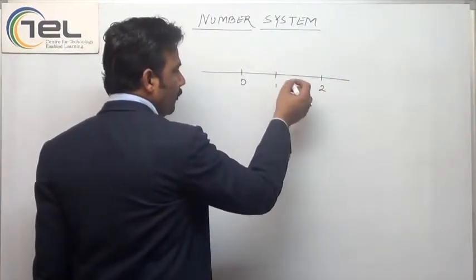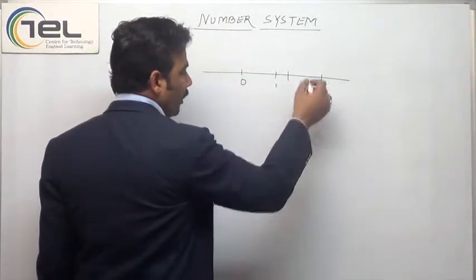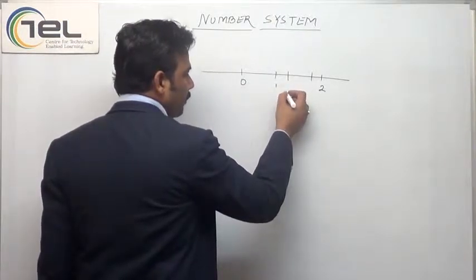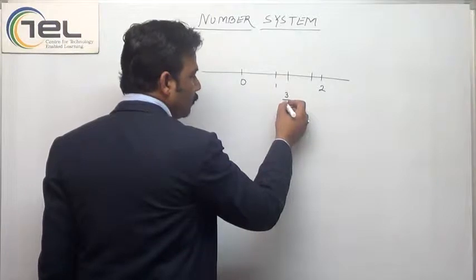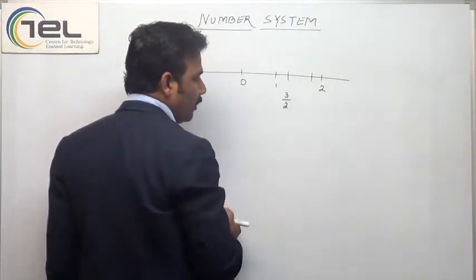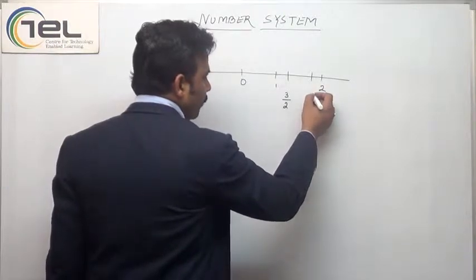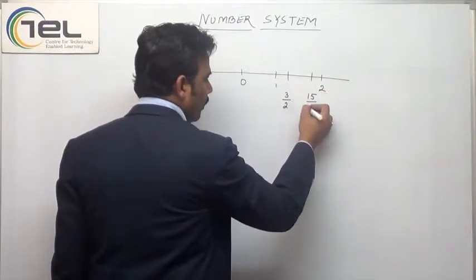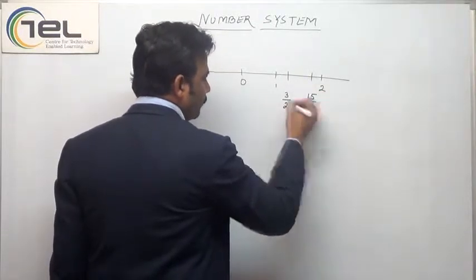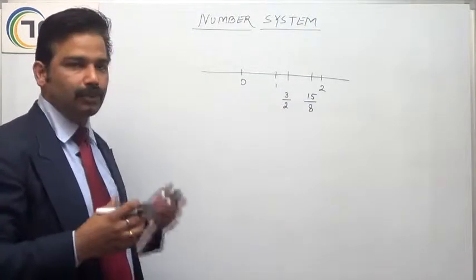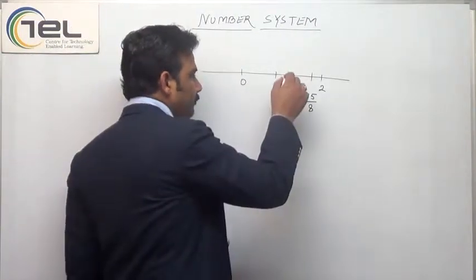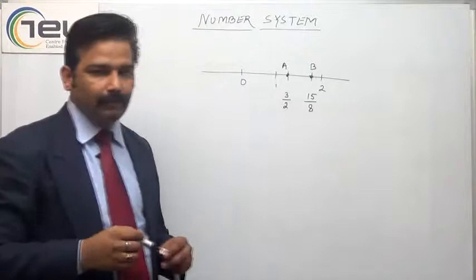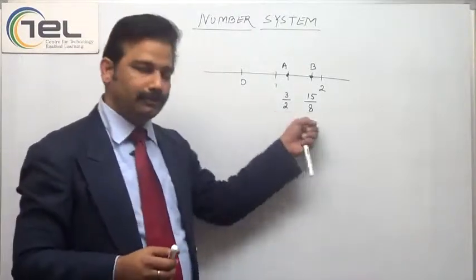Let's say I have a number here, and I have another number here, which is represented by, let's say, 3 by 2, and here I have another number, let's say 15 by 8. These are the two rational numbers, A and B. Is there any other rational number between these two?